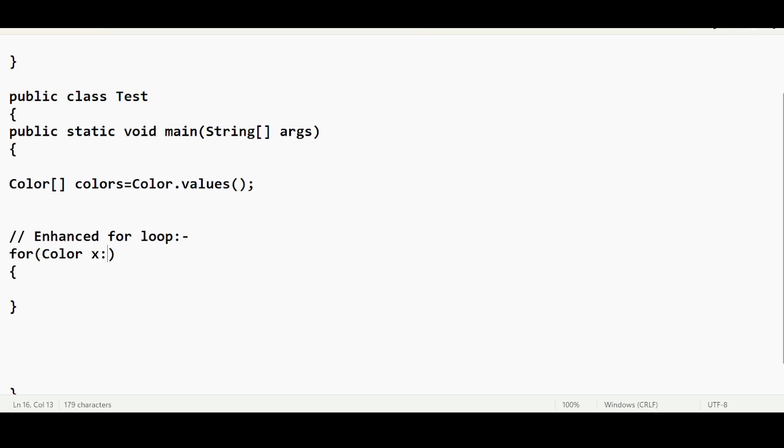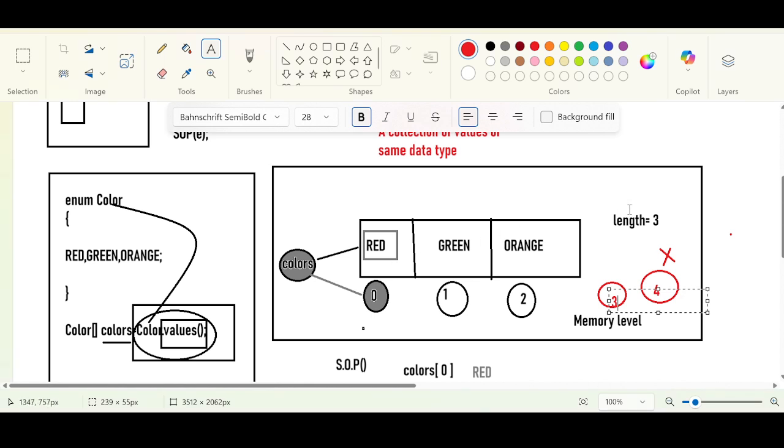Then which array you want to iterate, that array variable name we will be giving. So this is now automated. This enhanced for loop will know it will execute for 3 times because that is the length of the array. That is the size of the array. There are 3 values, right? The length is 3.